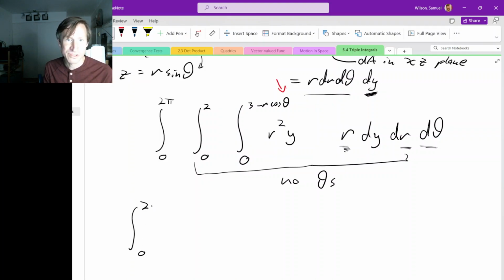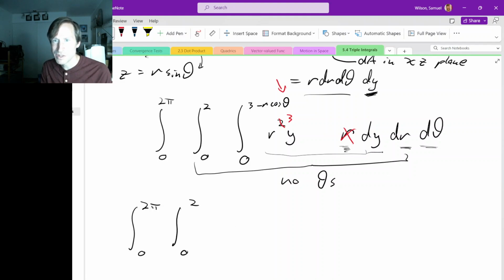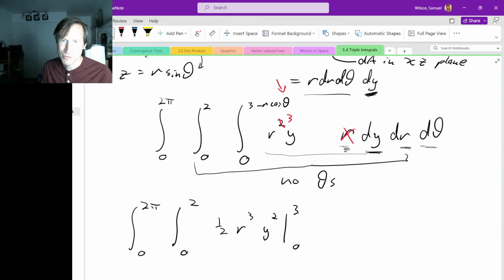So integral from 0 to 2 pi, integral from 0 to 2, and now the integral of this stuff, so this is r cubed y, our integrand. We're integrating with respect to y, so that's going to give us 1/2 r cubed y squared, going from 0 up to 3 minus r cosine theta. You can kind of see the pain that's going to happen already because we're going to have to square that mess.